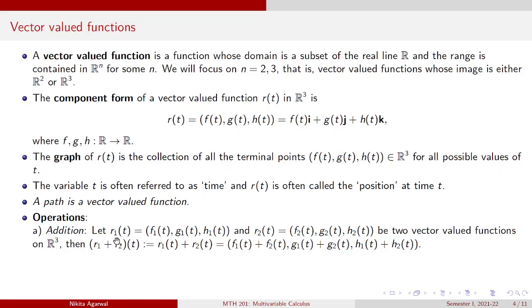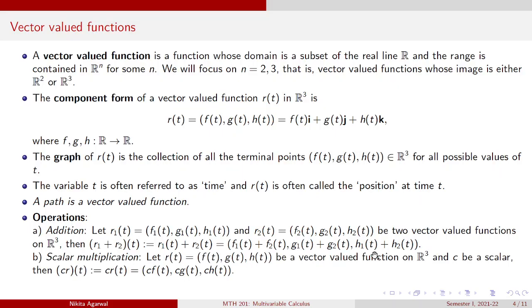If you have two vector valued functions, let's say on R3, which are r1(t) and r2(t) with components f1, g1, h1 and f2, g2, h2, then you can add these vector valued functions and evaluate at the point t. It's nothing but r1(t) plus r2(t), which is just vector addition, component wise addition.